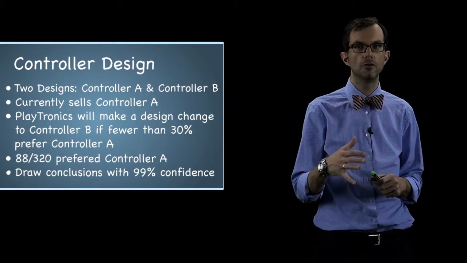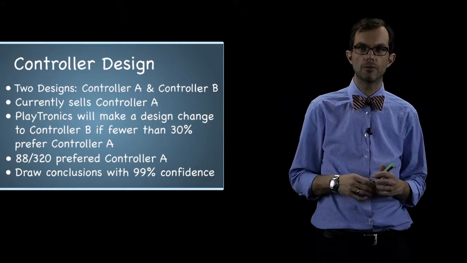So let's draw conclusions about this with 99% confidence. Okay, so we're talking about if fewer than 30% prefer controller A. Fewer than, that implies not equality. There's no equality statement in fewer than. Fewer than is just less than.